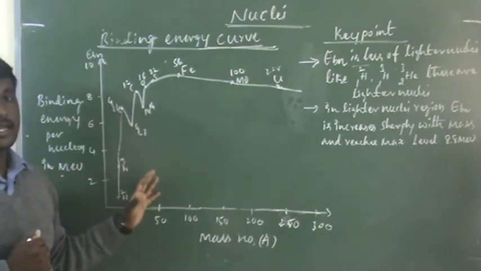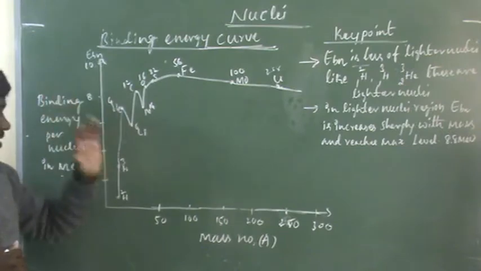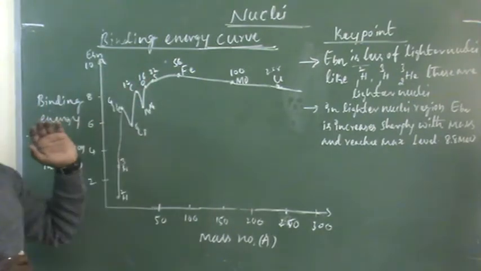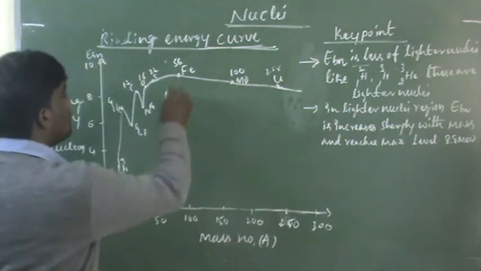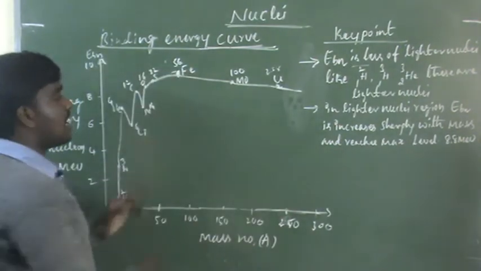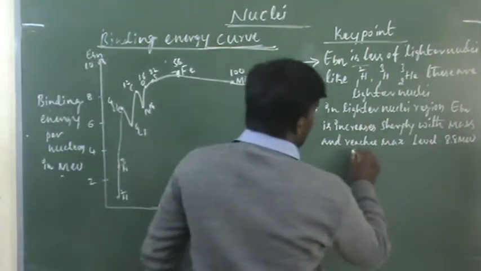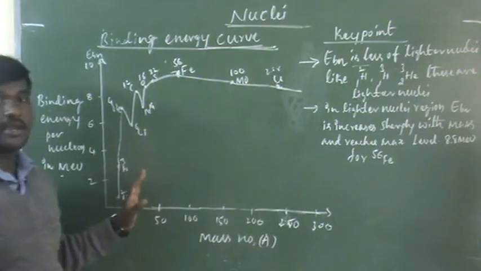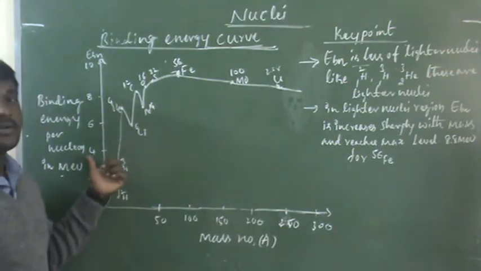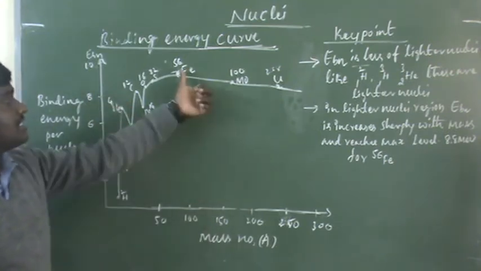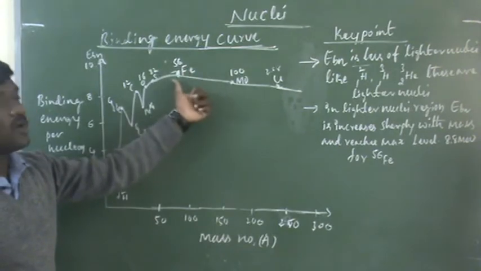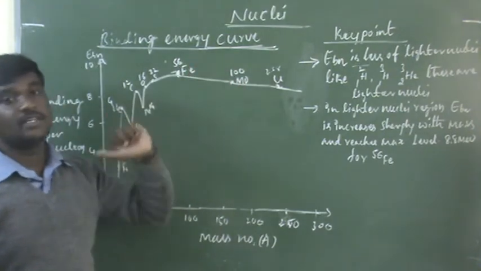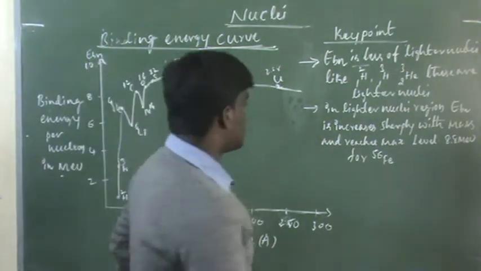As the mass number increases, binding energy per nucleon also increases and reaches the maximum level, that is 8.8 mega electron volt, for iron 56. The mass number is 56. So it has reached that stage.